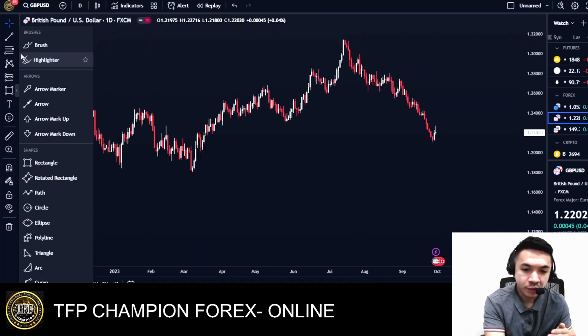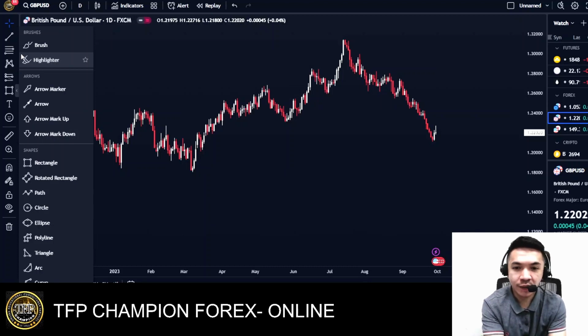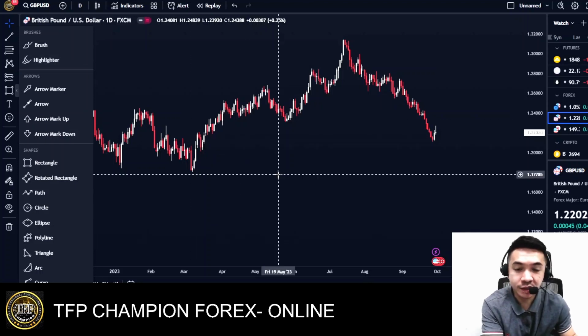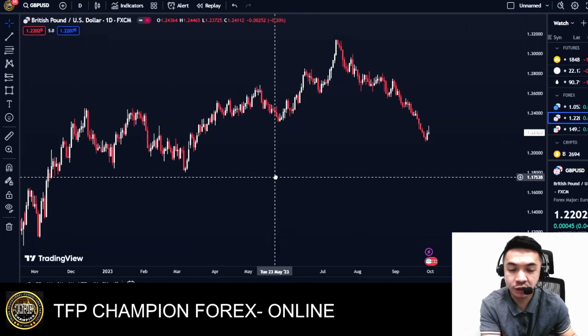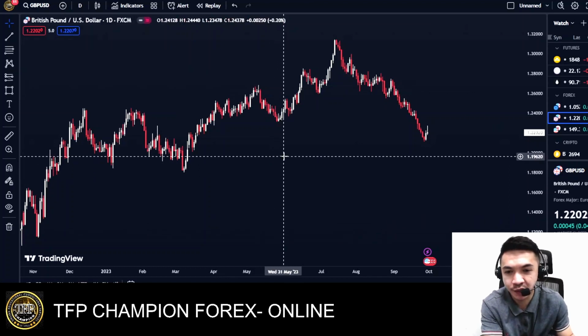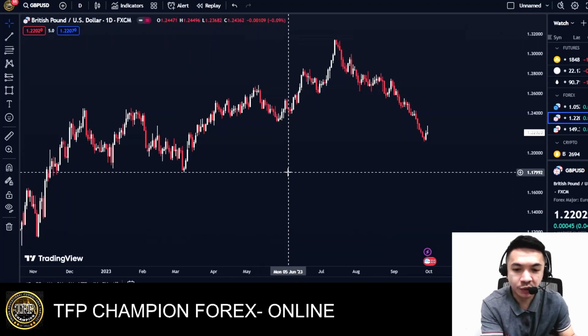Tandaan nyo guys, we must not be dependent lang sa trend, kasi yung tinuturo ko sa VIP, we are not dependent on trend. Regardless kung anong trend man yan, there's always an opportunity. It's just that kailangan nyo lang alamin kung nasan yung tamang timing and opportunity dun sa market, regardless if counter trending or right along with the trend kayo.